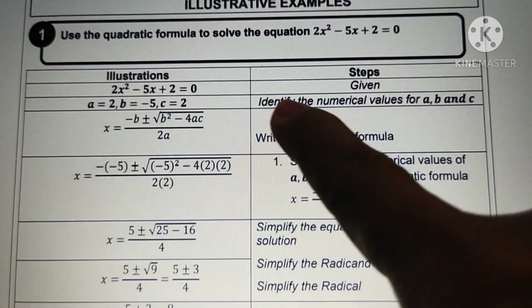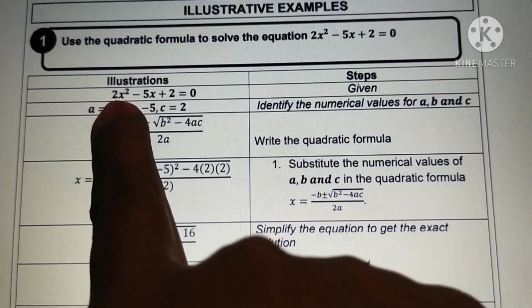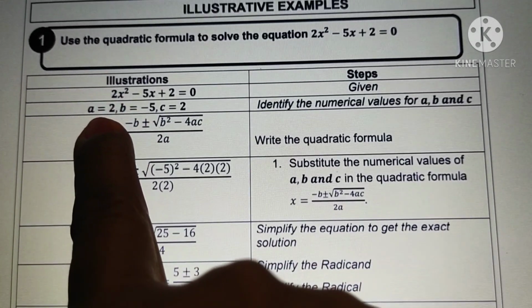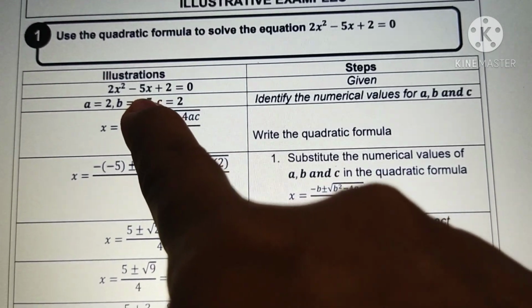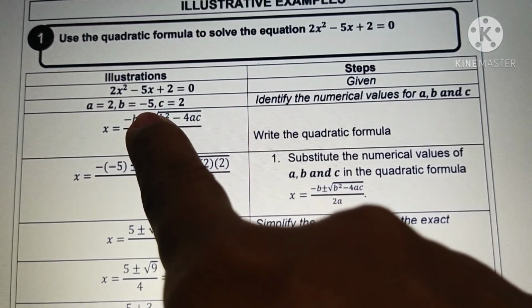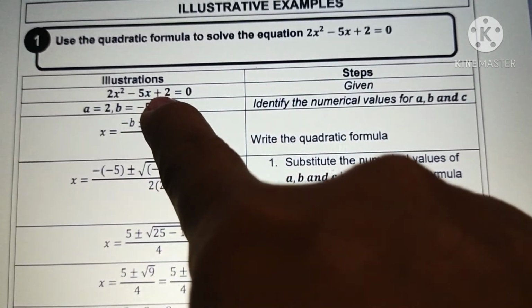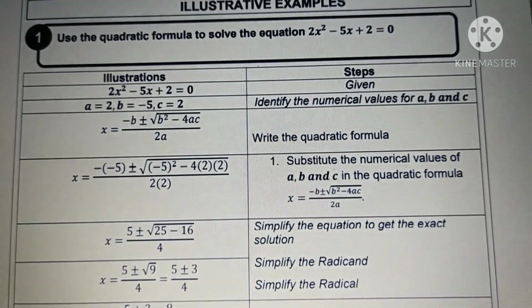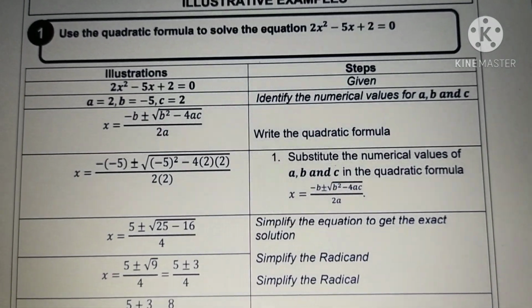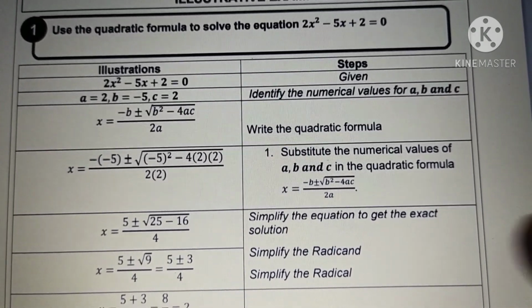Identifying the numerical values, this is your value of a, 2. The value of b is the coefficient of x, which is negative 5. Whatever the sign is, you have to carry the sign. Your c is positive 2. So those are the numerical values for a, b, and c.